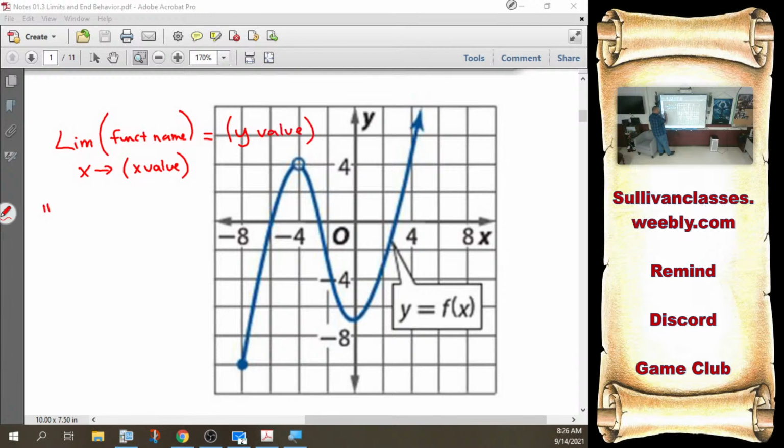And it asks the question, as x approaches this number, what are y's doing? That's what a limit is. As x gets really close to this number, what are the y's doing? Okay?